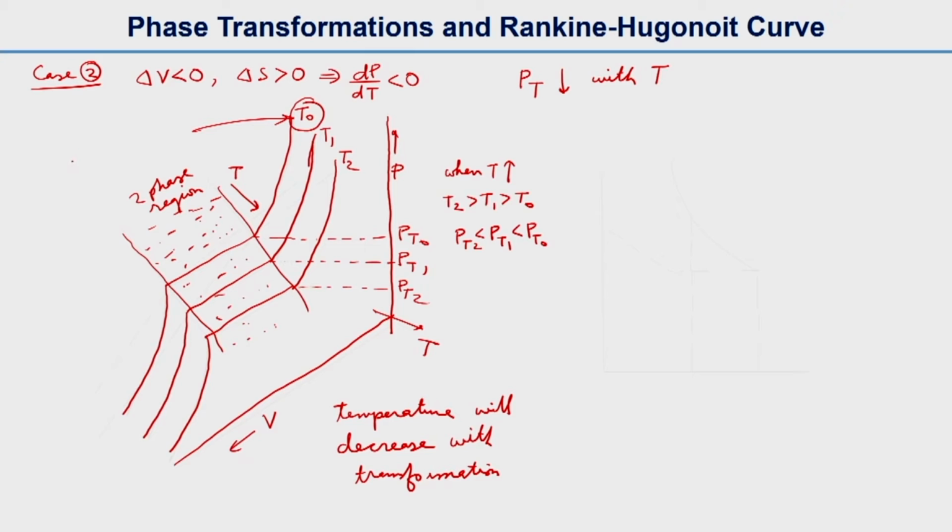The phase transformation will be completed at T0 temperature. You can see that T is increasing this way, but the transformation is happening in the opposite way, and T0 is the lowest temperature. Transformation completed at T0.